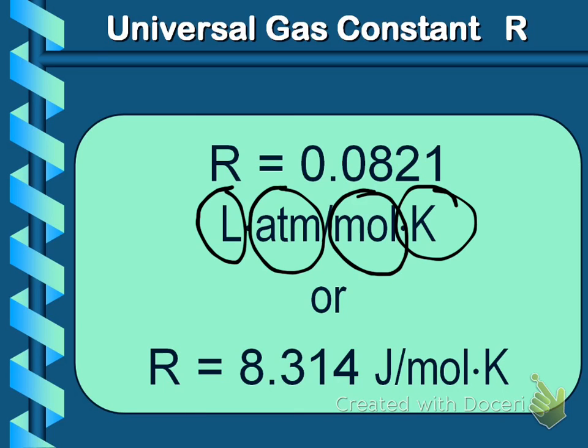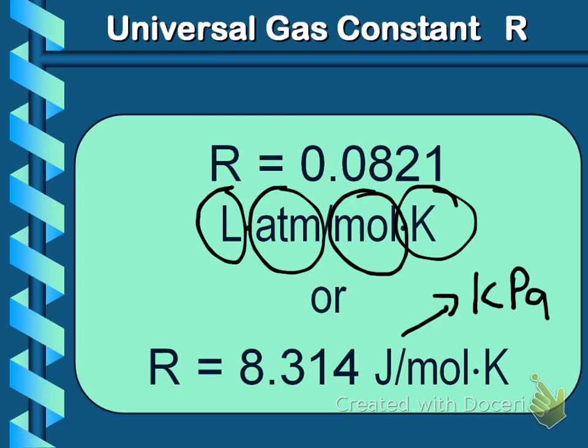And then R can also equal 8.314 joules per mole K, and that can also be expressed in kilopascals. But my general rule of thumb is we should really try to always get our pressure into atmospheres.